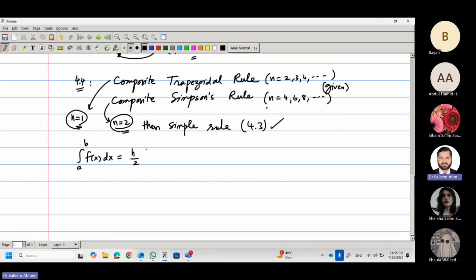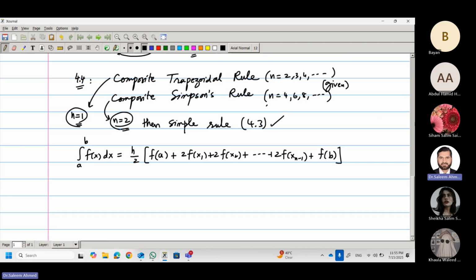I think the trapezoidal rule is h by 2, f of x naught, which is a, and then all numbers between them are 2: 2x1, 2x2, 2x3, so on up to 2x(n minus 1). And the last one, xn, is again alone, and that is the last number b. Okay.